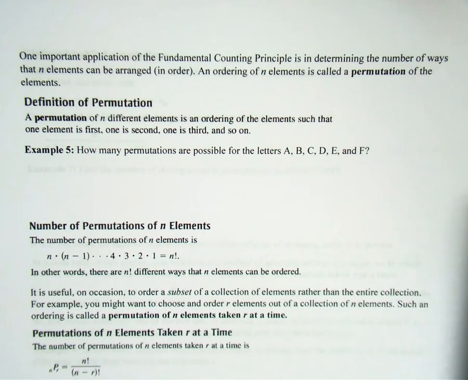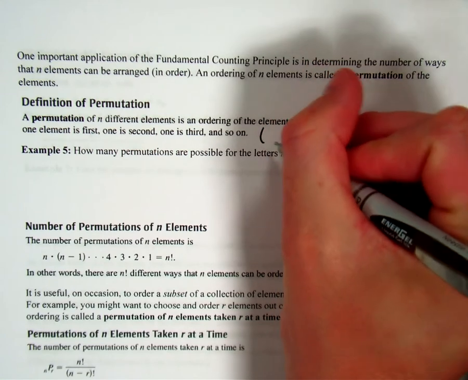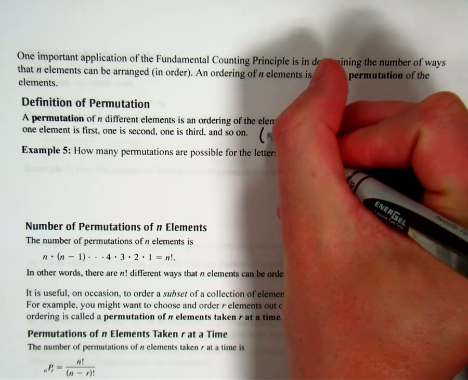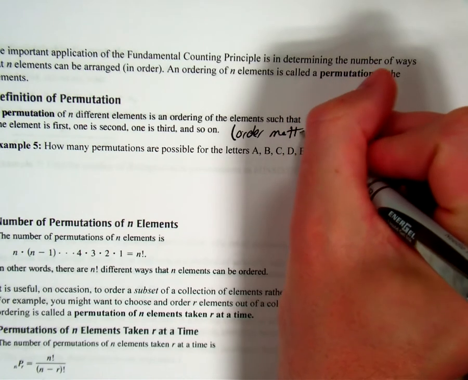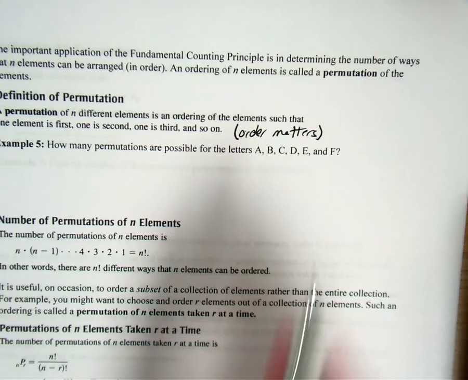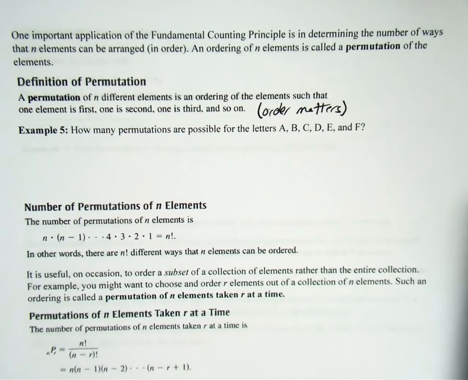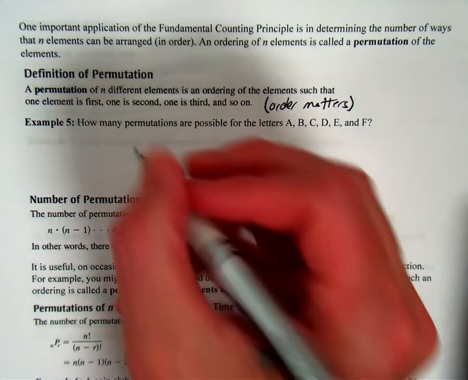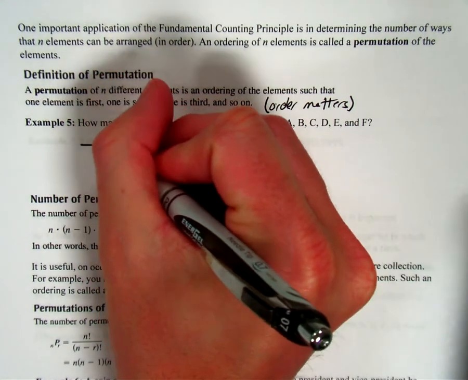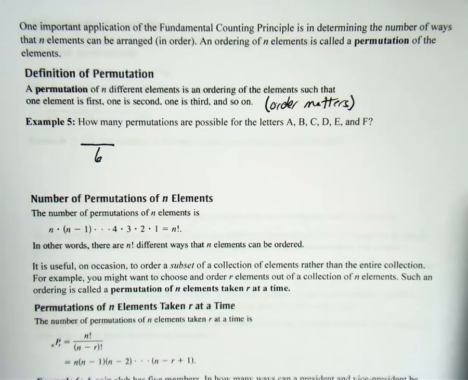How many permutations are possible for the letters A, B, C, D, E, and F? Okay, order matters. All right, so we have 6 letters. If we pick one out of those 6, we have 6 possibilities for the first spot.